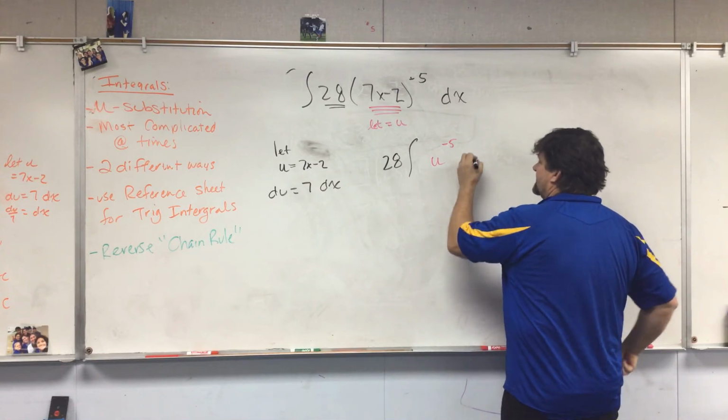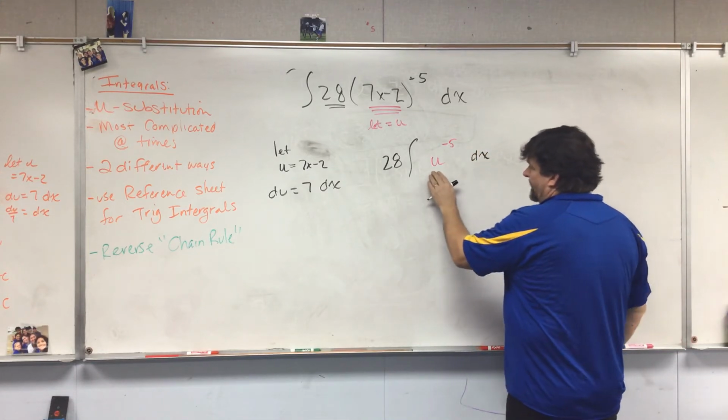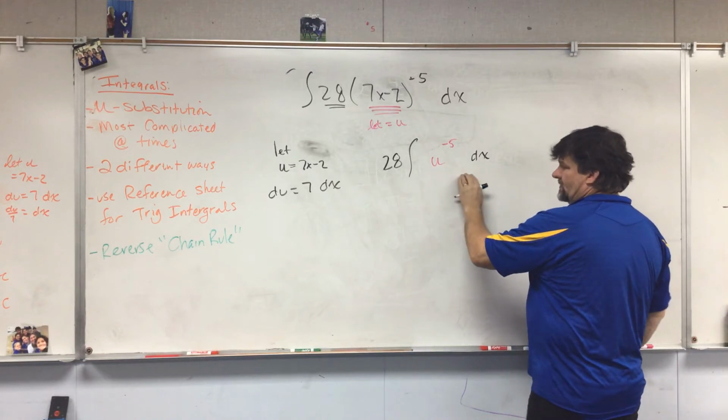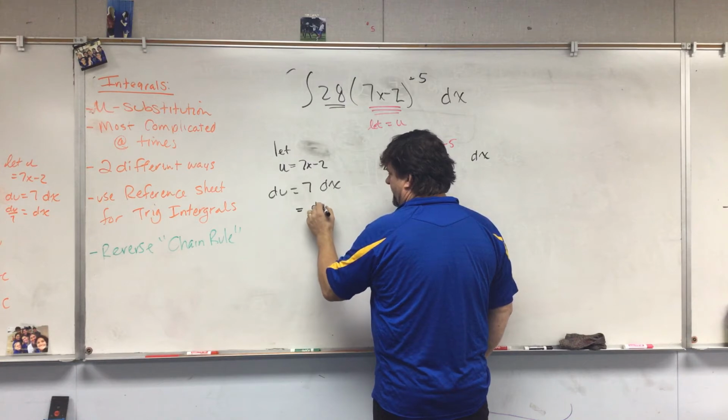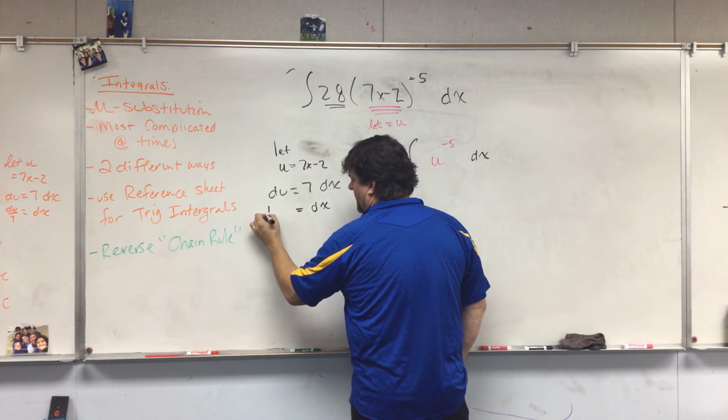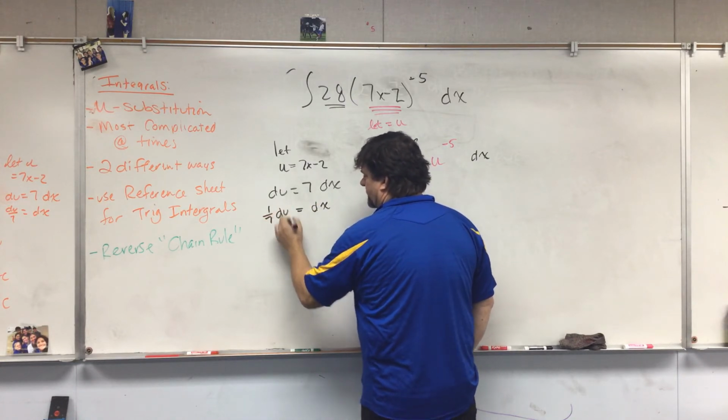And we still have our dx. Okay, but remember, I need this thing in terms of u. So I can solve for dx, and I get 1/7 du.